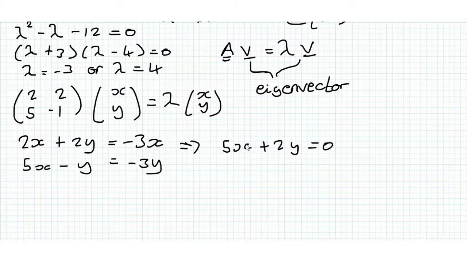So now we know that this relationship must hold true. So we're going to write x in terms of y. I'm going to say that minus 2y is equal to 5x, and we want to find some values that satisfy that. So if you take x as minus 2, let's say, so 5 times minus 2 is minus 10, and then you take y as 5, minus 2 times 5 is minus 10, so that satisfies that equation.